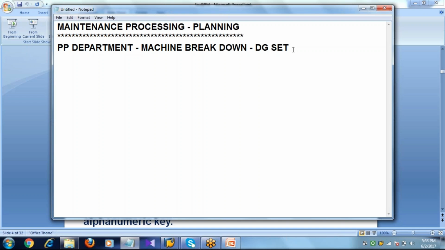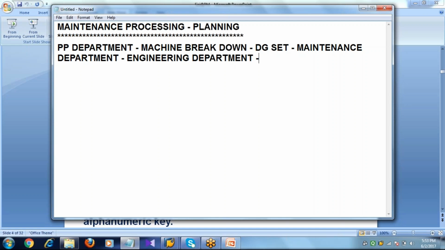Now, the production planning person in the production planning department, to whom will they approach? To the maintenance department, or we can even call it the engineering department. What will they inform?